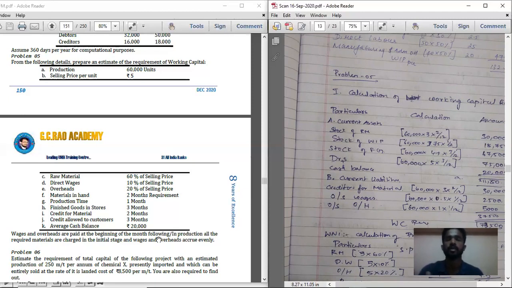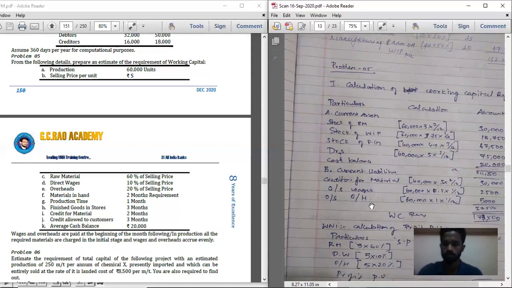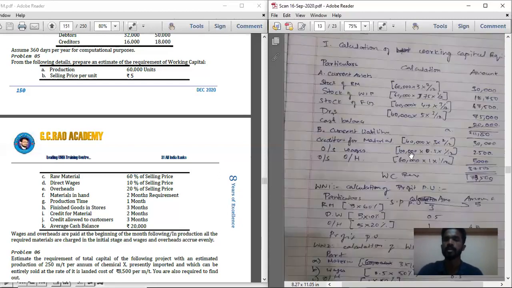So it is 1 month of time period. In calculation column, put 60,000 into 0.5 into 1 divided by 12. Amount column, put 2,500.